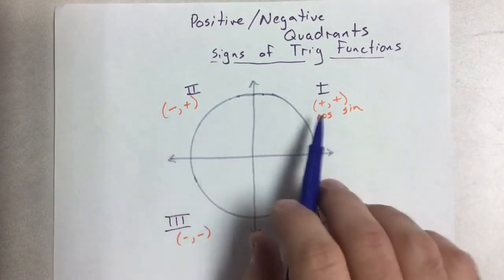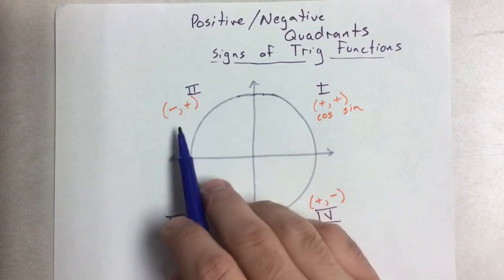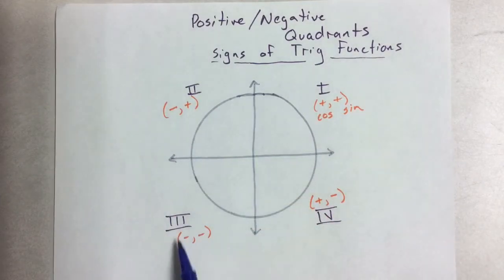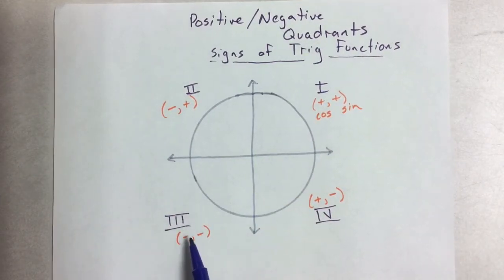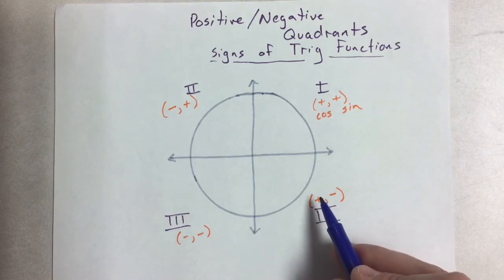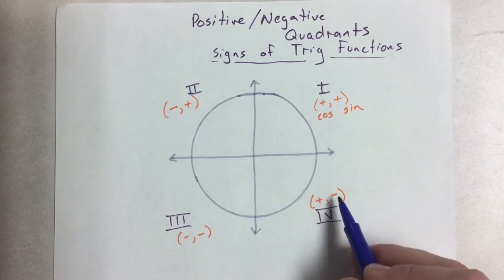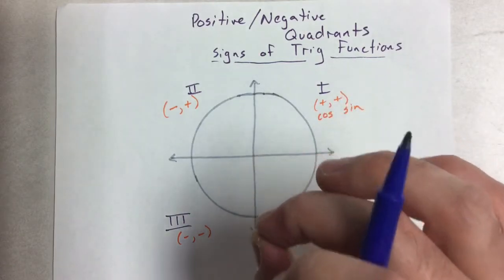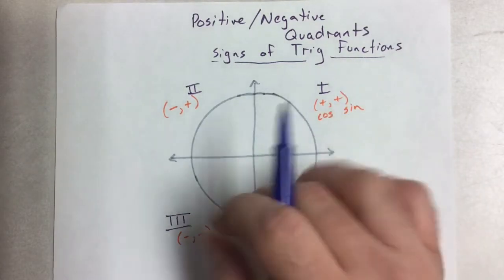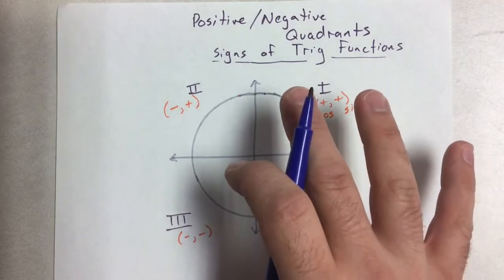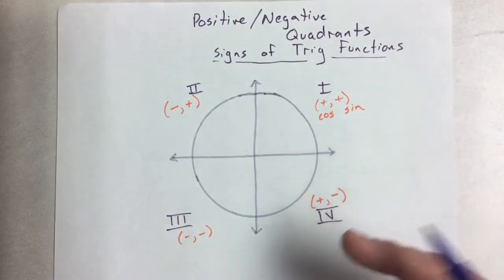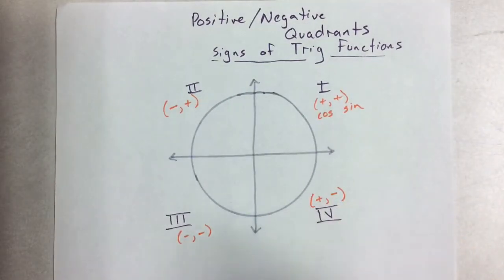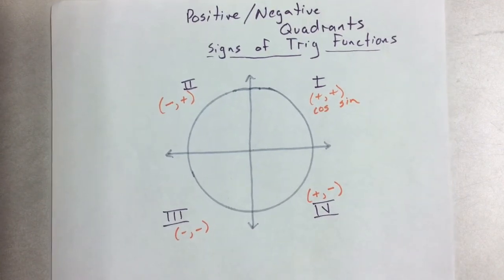And then second quadrant, cosine is going to be negative, sine is going to be positive, and quadrant 3, they're always both going to be negative. Quadrant 4, cosine's positive, sine's negative. Now this is when theta, when the terminal side lands within the quadrant. So if I have a terminal side within quadrant 4, I know cosine's going to be positive and sine's going to be negative.